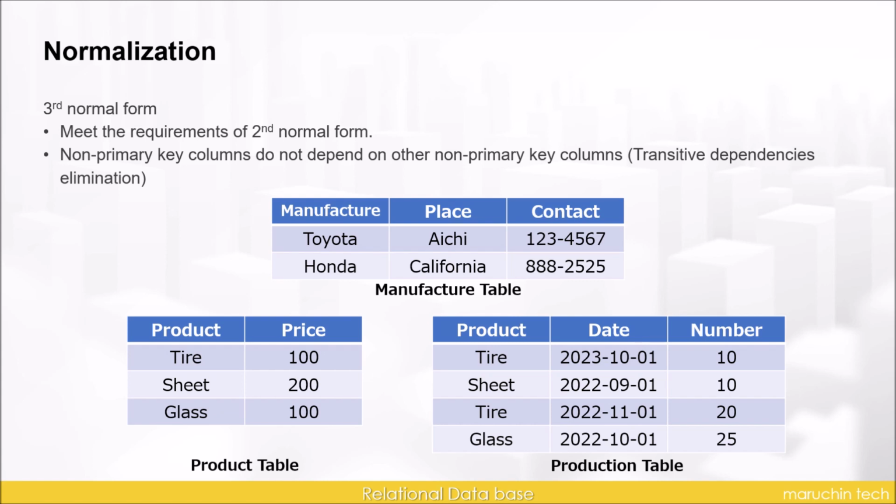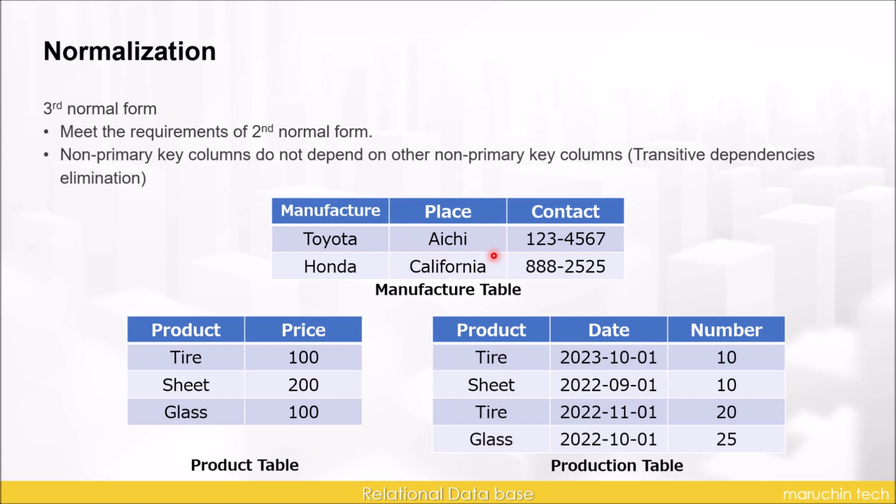And finally, in the third normal form, the condition is that the non-primary key columns do not depend on other non-primary key columns. In other words, the transitive dependencies are eliminated. The table in the second normal form is further divided and managed in three tables: the manufacturer table, the product table, and the production table.